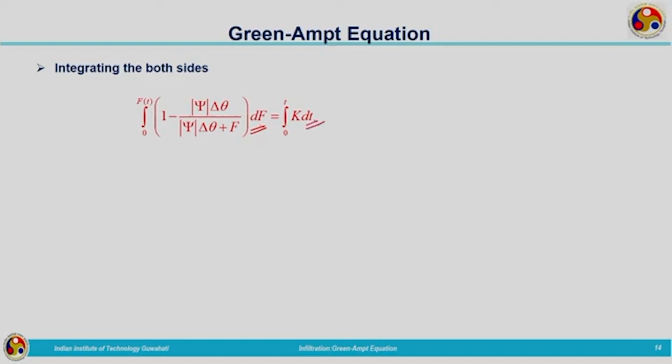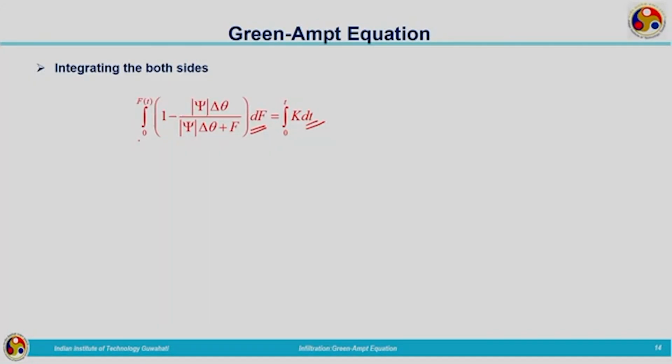So, integrating limits will be, for the left hand side at the beginning cumulative infiltration is equal to 0. So, it will be varying between 0 to cumulative infiltration at time t. So, that is why we are putting the limits as 0 to capital F of t, that is the cumulative infiltration at time t, 1 minus psi delta theta divided by psi delta theta plus f df, and right hand side the time is varying between 0 and t.